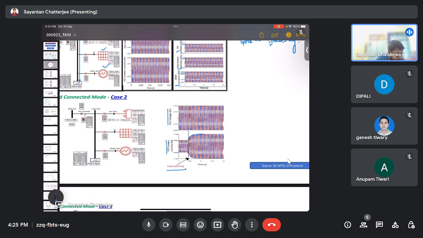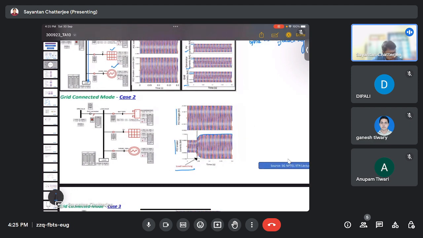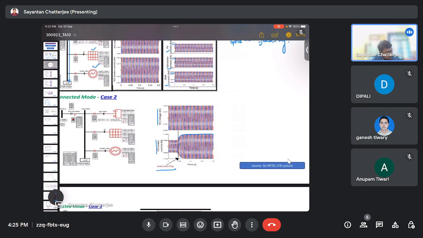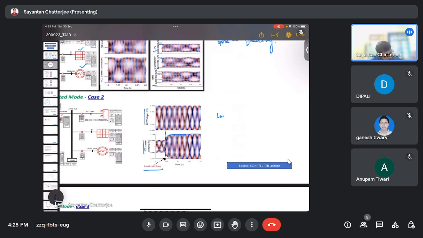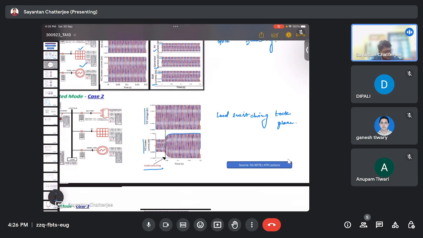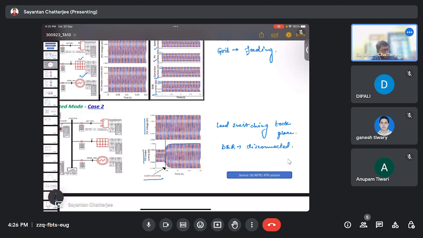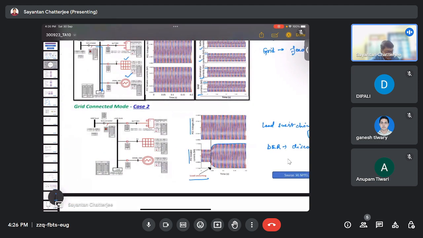This gives the dynamic behavior of how the changes occur, and it again settles to another value. This was the previous operating condition, and this value changed to a different level. Only a load switching took place, nothing else. The DERs are disconnected here also, and it is a grid connected mode of operation.